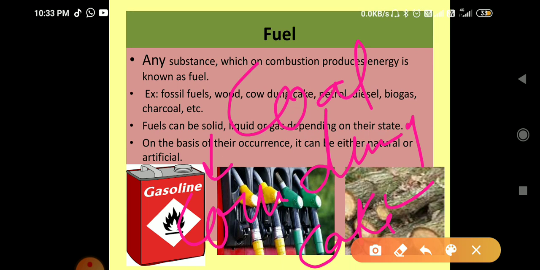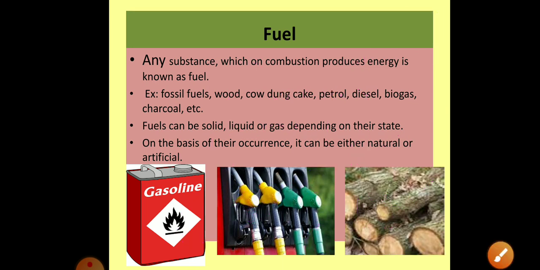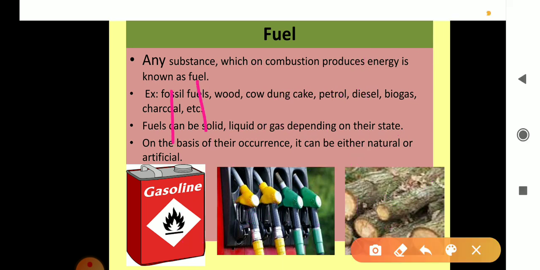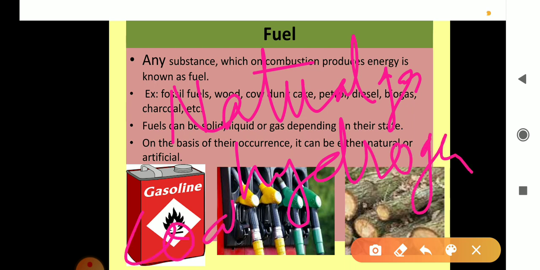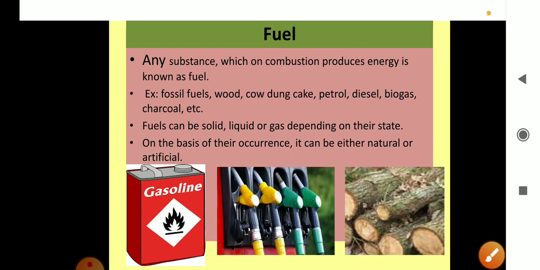And gaseous fuels are also there. Can you give me an example of gaseous fuel? Yes, I got it: natural gas. Hydrogen is also used as a fuel. Then coal gas is also used as a fuel. These are some examples which are used in gaseous form, right?